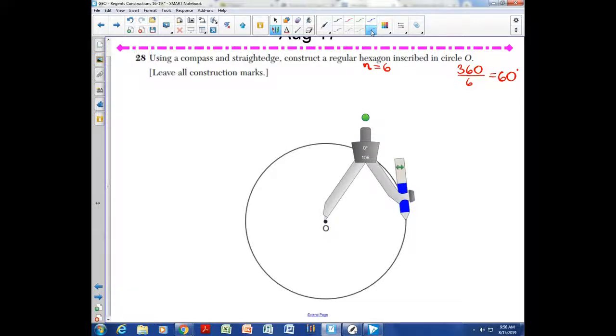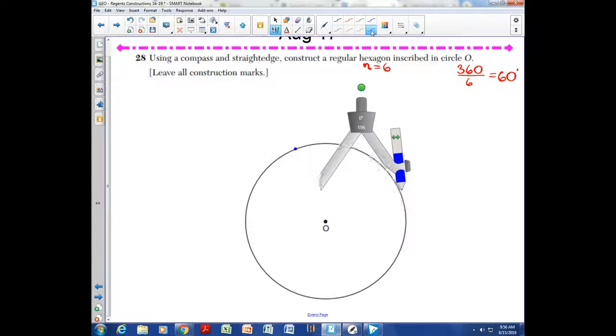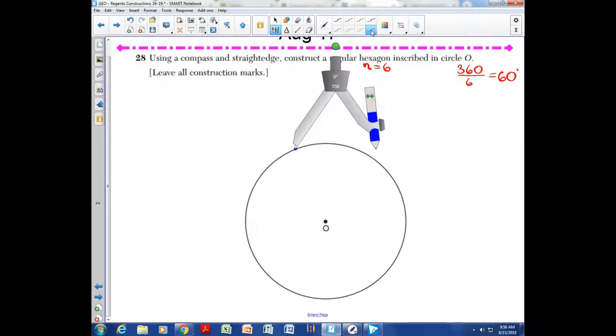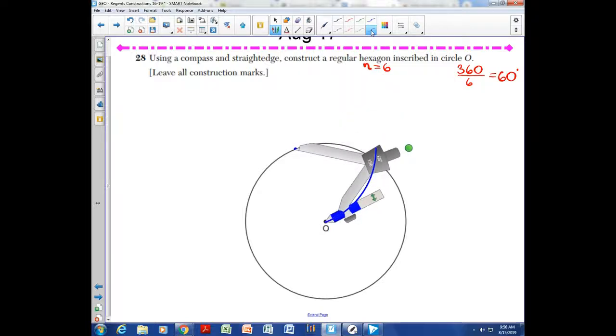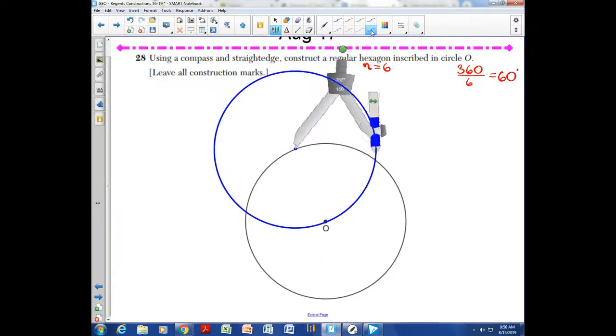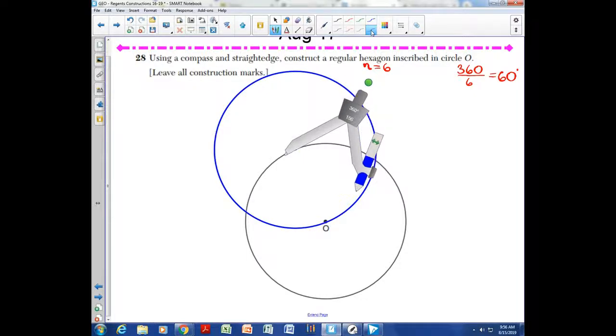So I'm going to start right up here, go to any point on the circle with the radius and start creating circles that all go through the center of the circle. And now that circle created 2 points of intersection on the circle.